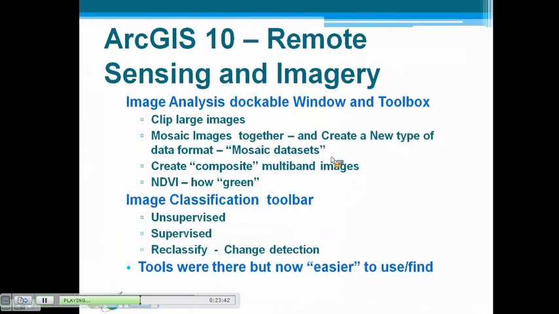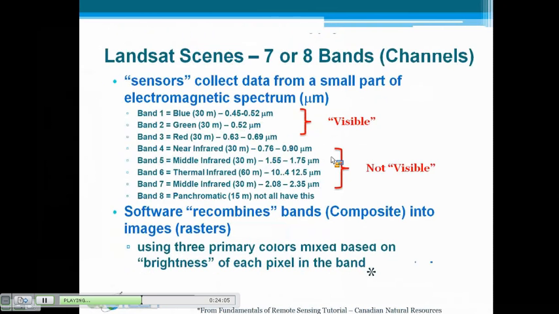The software just goes out and says, all those pixels are at this value, put them into one group. You can do a supervised one where you tell it and create what's called a signature file and have it put pixels into classes that you specified. This is really useful because you can then reclassify this and use it for change detection over time.